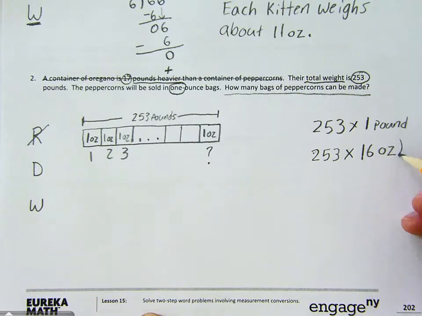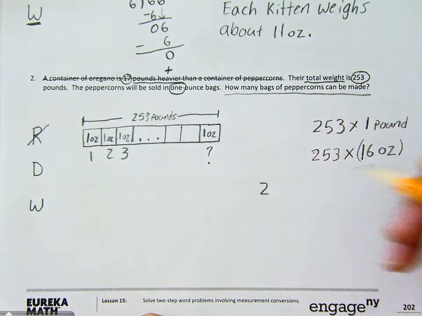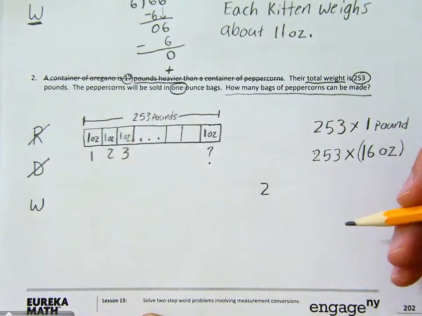The 16 ounces is 1 pound. And now I'm ready to multiply. So I'm done with my draw.